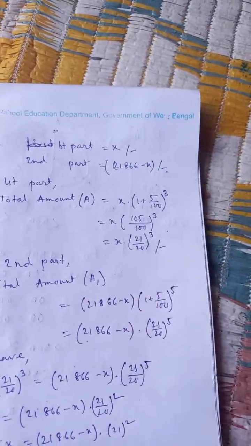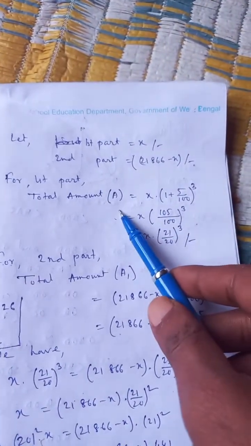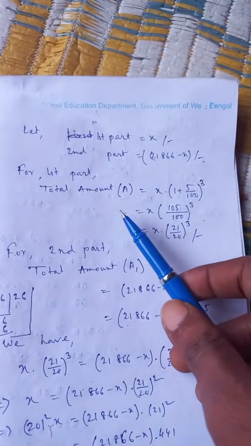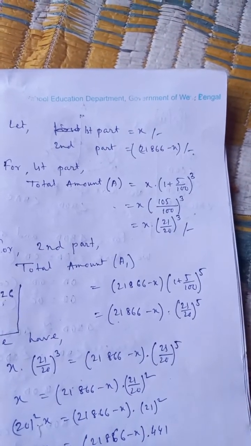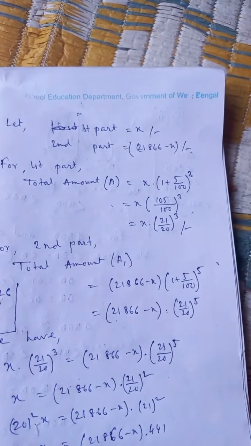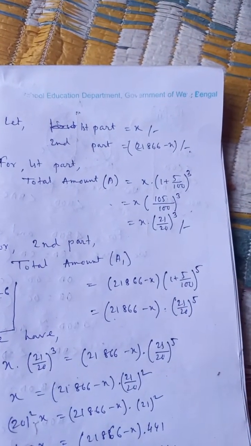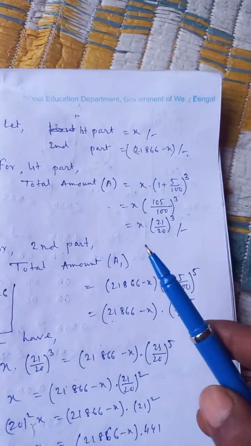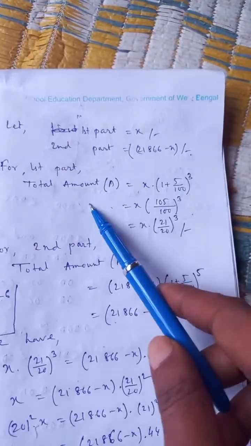Now if the first part's total amount reaches rupees A, then you have to find out the amount of the first part for 3 years, not just interest but the principal plus interest.